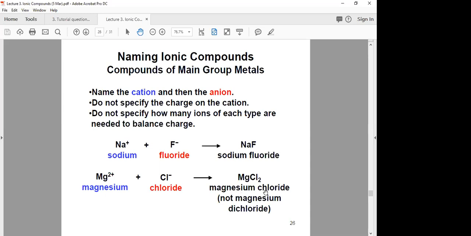We don't indicate in the name the number of chlorides that are there. In other words, we don't say magnesium dichloride. Once again, this is a major difference between naming ionic and covalent. So given a particular compound or molecule, you would first have to identify whether it's an ionic compound or a covalent compound, because that will determine the naming rules.